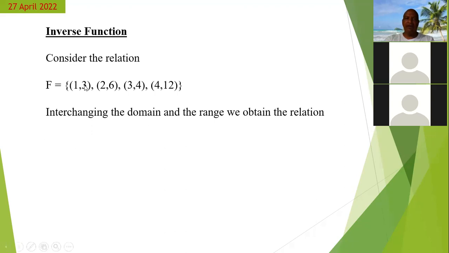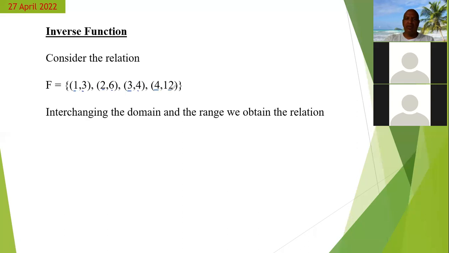Now in f, you notice that the domain values would be 1, 2, 3, 4. These are the domain values, 1, 2, 3, 4. And the other values, which are the second elements, are the range values.